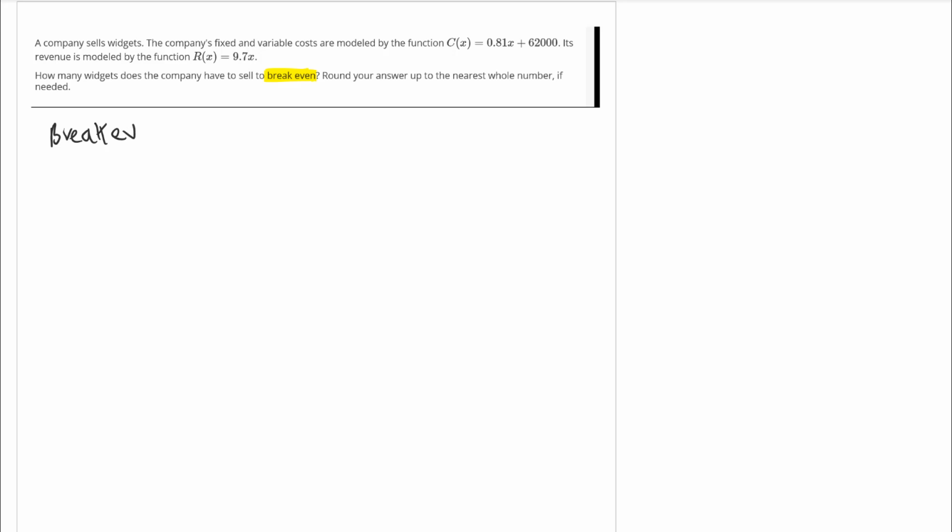And if not, you can refer back to my videos in lecture, which are found in Canvas. But in particular, we know that we have something that's going to break even, then your cost function is equal to my revenue function. So here, my cost function is given to me as 0.81x plus 62,000.